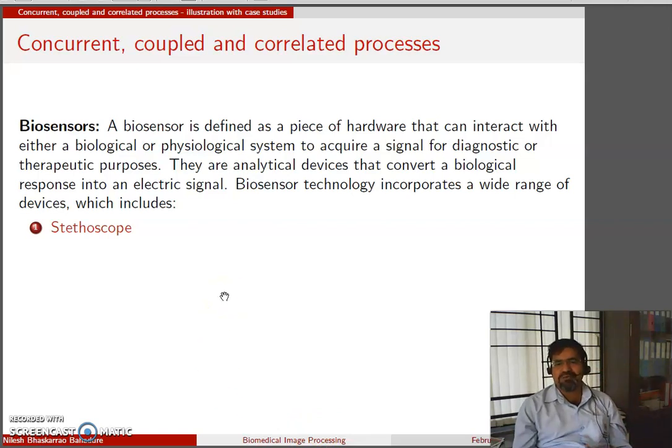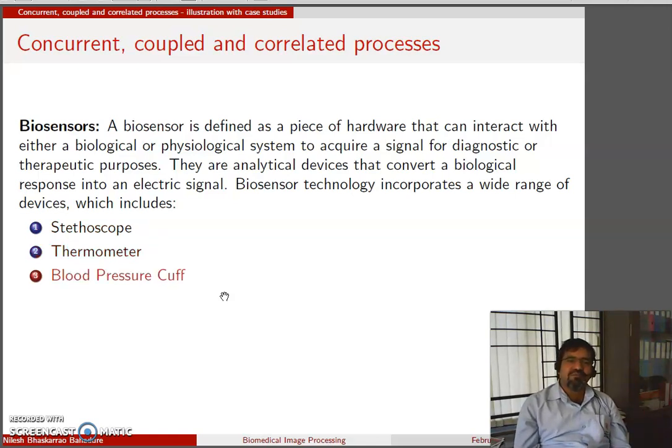stethoscope. Obviously, when you meet your consultant, that is a doctor, the very first thing is to check your heartbeat and other functioning with the help of the stethoscope. Thermometer, to measure the temperature. Blood pressure cuff, with which we can measure the blood pressure.